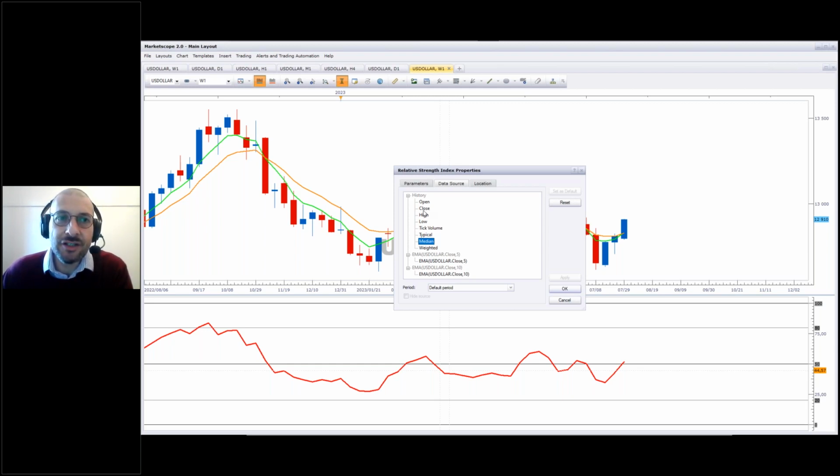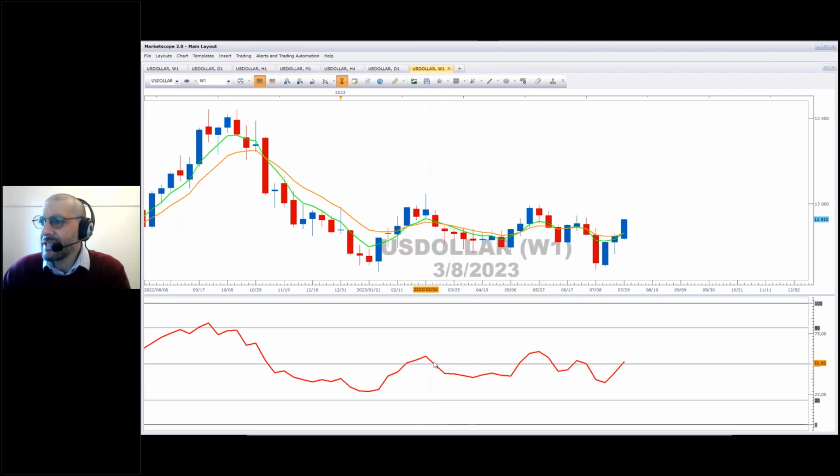The default is usually 14 and calculated on the close. This 10 median seems to work well for me. It's a slightly smoother type of RSI, and I'm using the 20 and the 80 as the overbought, oversold, slightly different to the default.